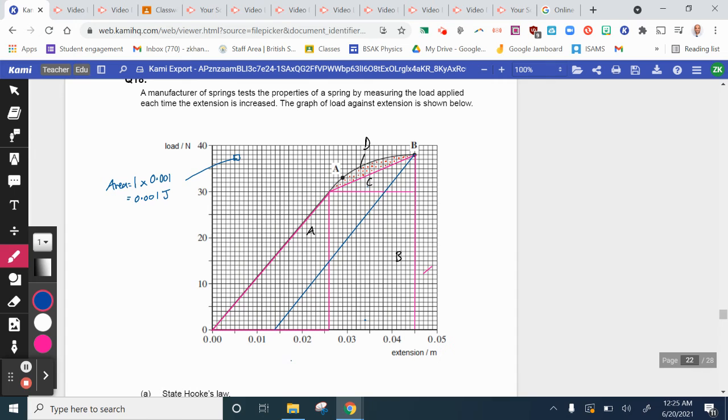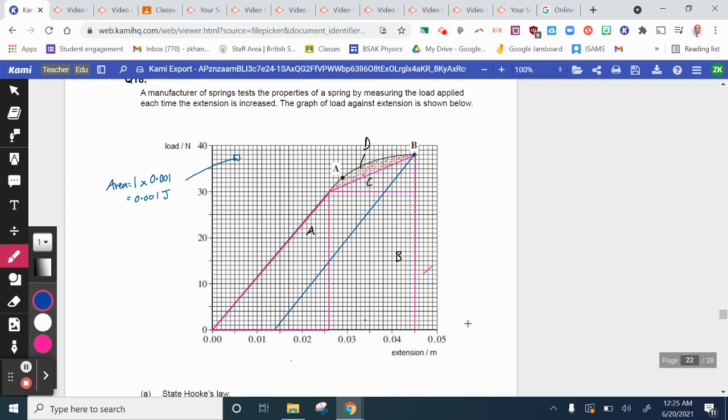And the difference in the area underneath the graph is quite considerable. So the area underneath this section is less than the area underneath this section, the loading phase. So the loading phase is this whole area here, and the unloading phase is just this area here.